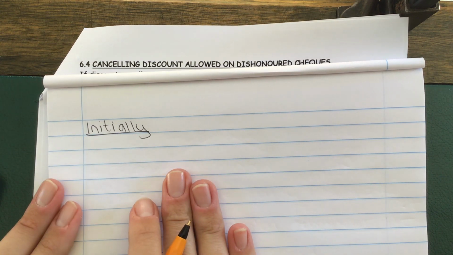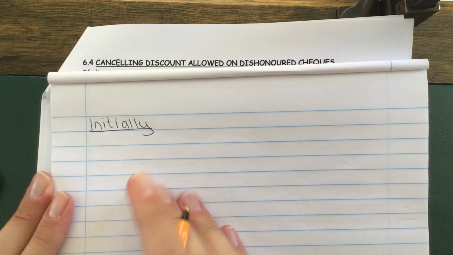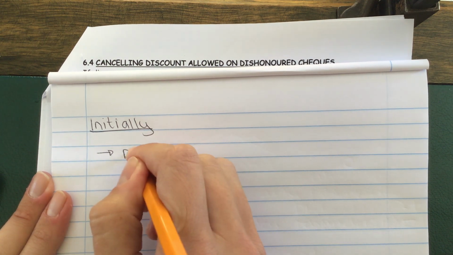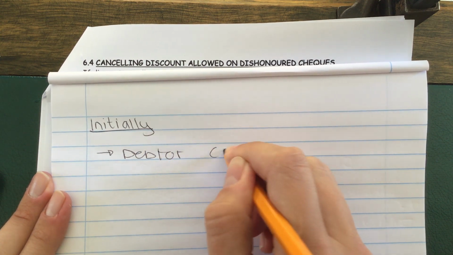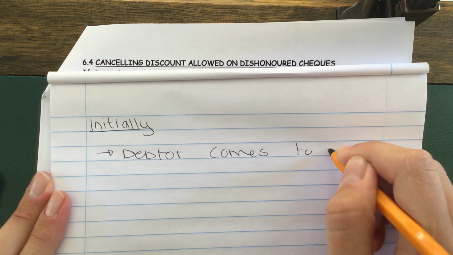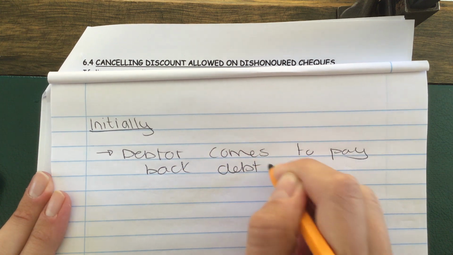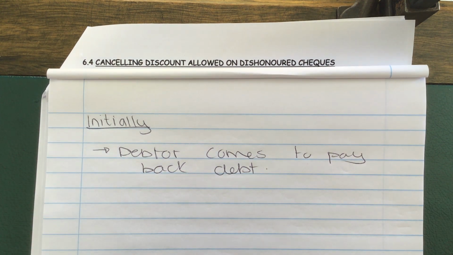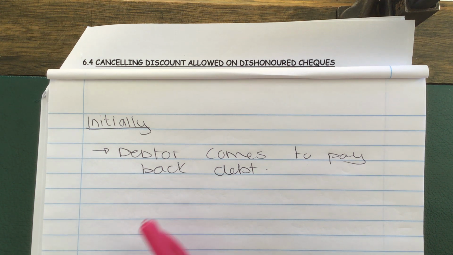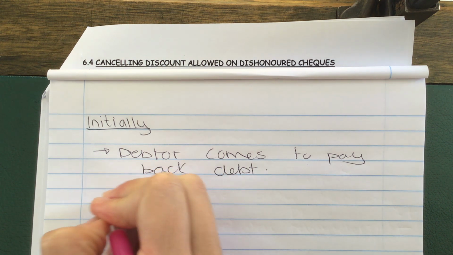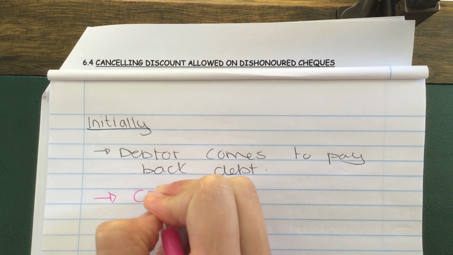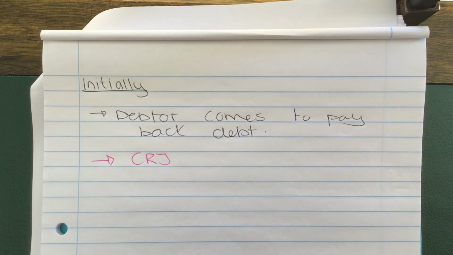Initially, we have a debtor, and this debtor comes to pay back, which we're super happy about. So this debtor will come and he wants to pay back some of the debt that he owes. So then we have to think, okay, in what journal do we record this when a debtor comes to pay back? Because we are receiving money, we have to enter it into the cash receipts journal.